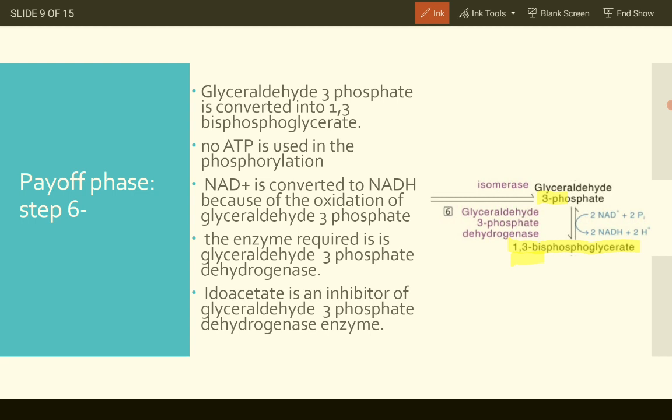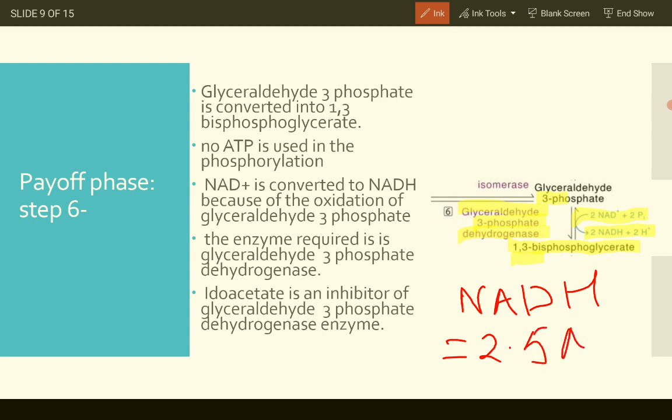Now the glyceraldehyde 3 phosphate dehydrogenase enzyme converts 2 NAD plus into 2 NADH. NADH are high energy molecules which are equal to actually 2.5 ATP energy, right?